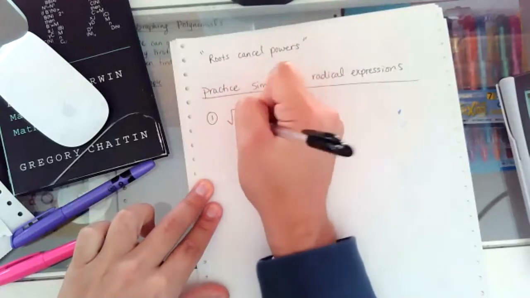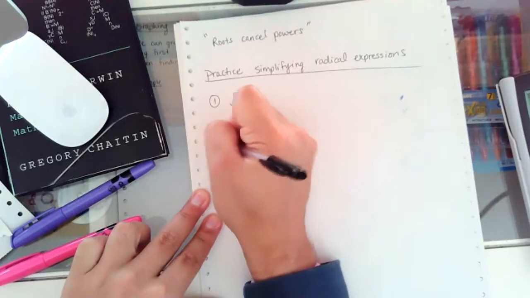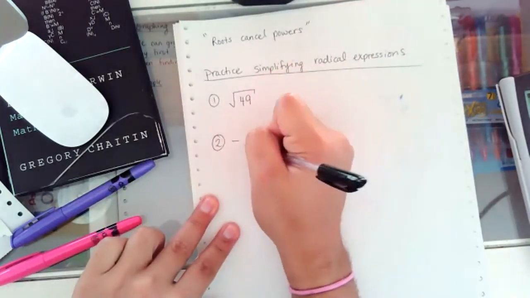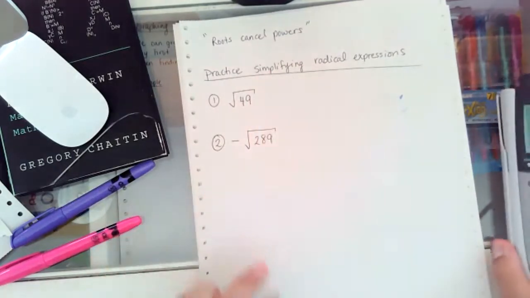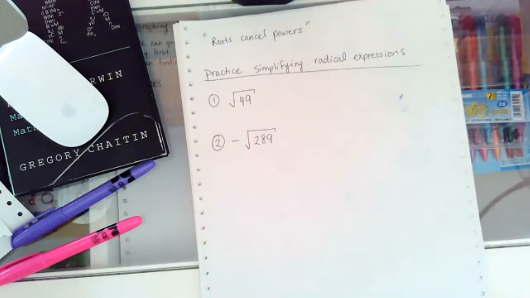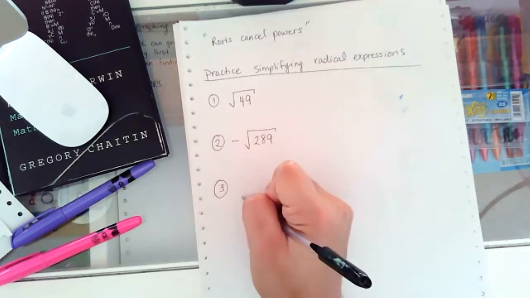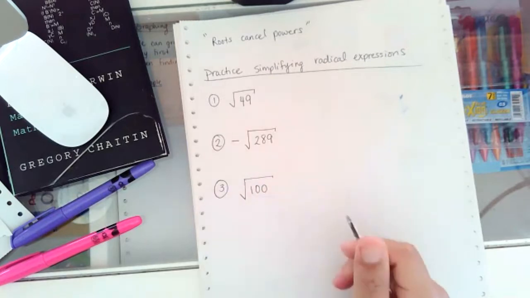I'm going to write some of these down. Square root of 49, 2. Negative square root of 289. I'm going to put the square root of 100.